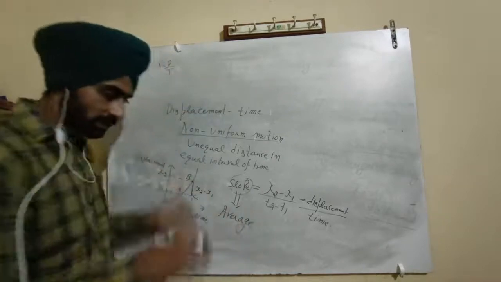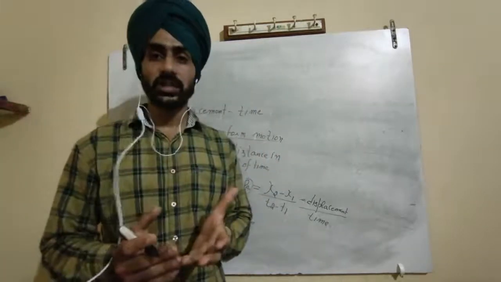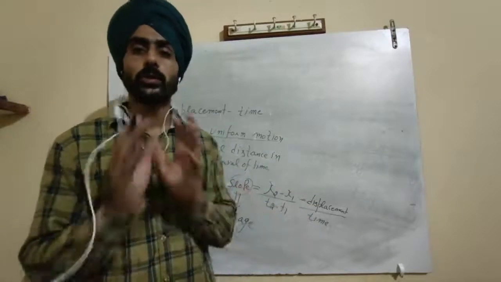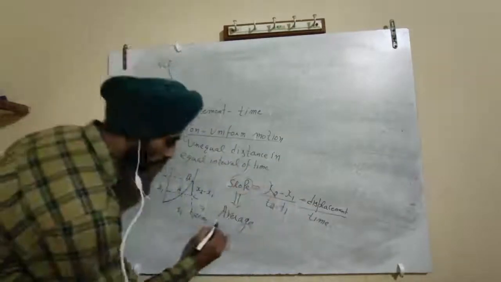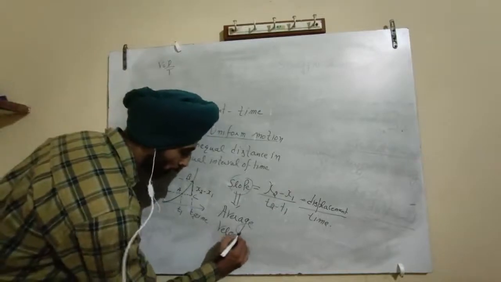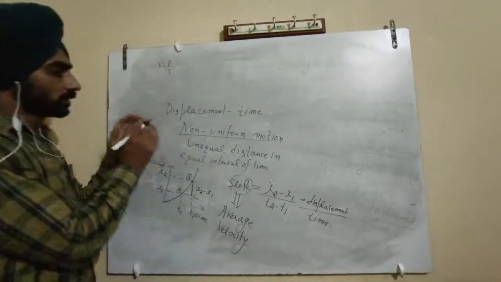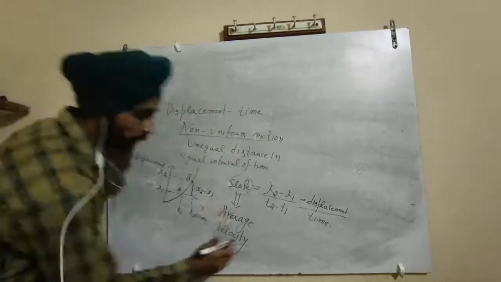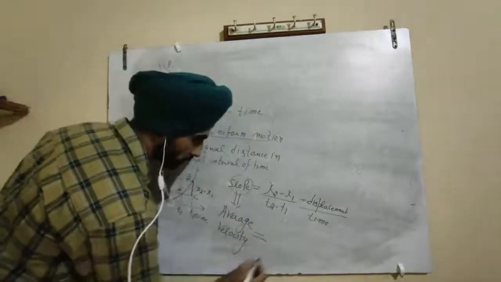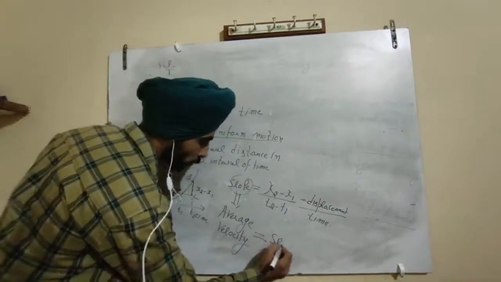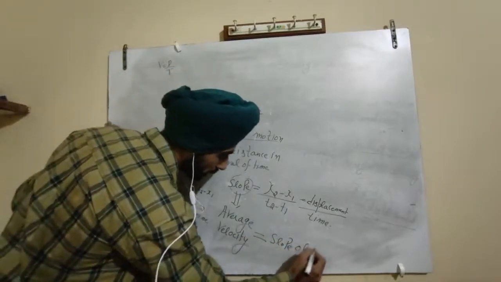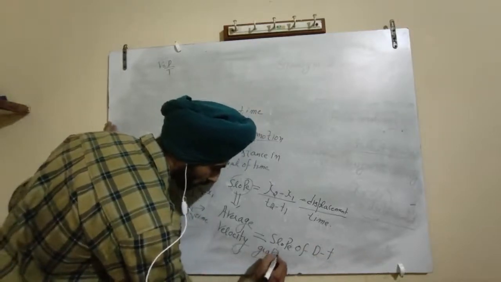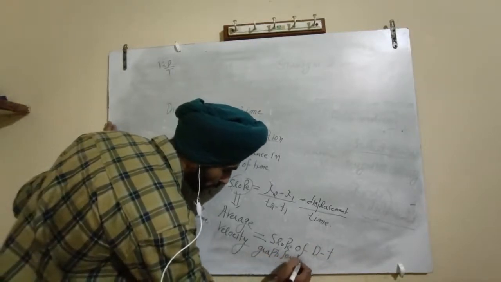When the object is moving on the road with different velocities and you are going to calculate the velocity, you are not going to get the velocity, you are going to get the average velocity. So in this case, the slope of displacement time graph for non-uniform motion gives the value of average velocity.